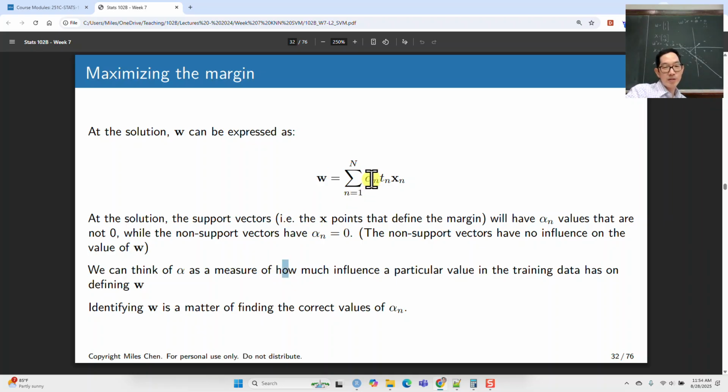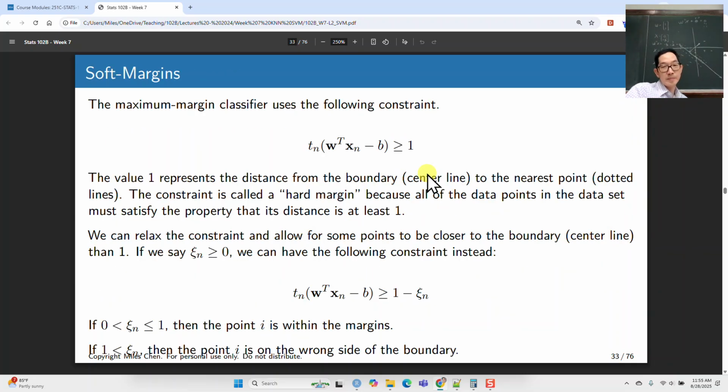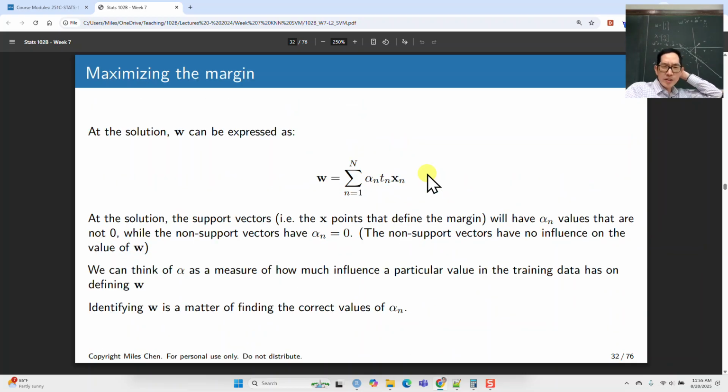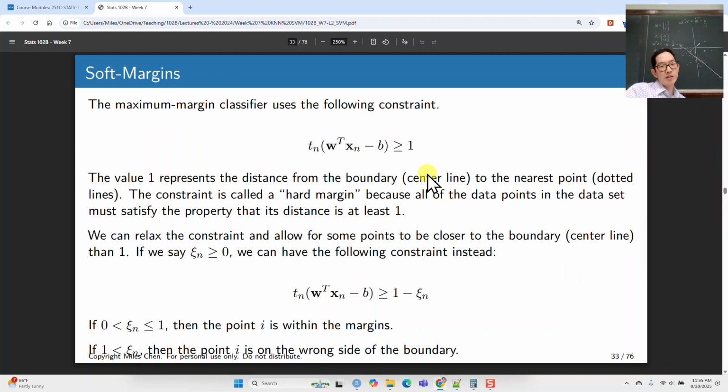And so this letter alpha, we can think of as how much influence a particular value in the training data has on defining w, okay? And w is really a matter of figuring out what these values of alpha are for each of the different values in x, okay?